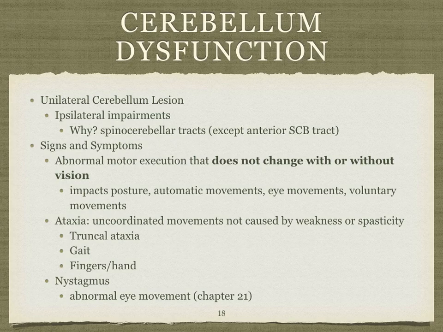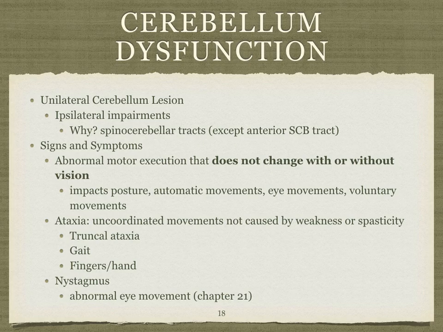So cerebellar dysfunctioning. What we're going to see is same-sided involvement, except for that superior spinocerebellar tract, depending on if it doesn't cross back over. But typically, the majority of the time, it is this same-sided lesion, the same-sided impairment. So we're going to see abnormal motor execution. Remember, this does not change with or without vision, like our somatosensory system.